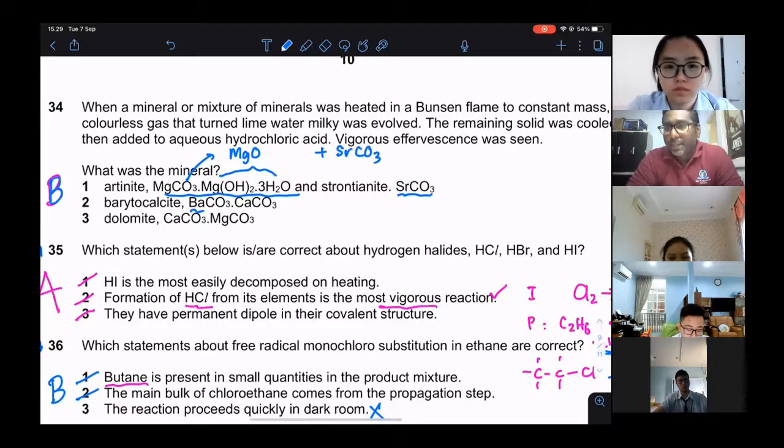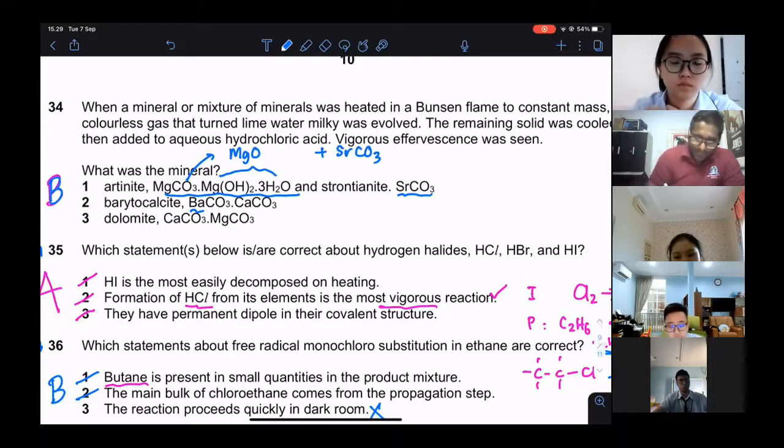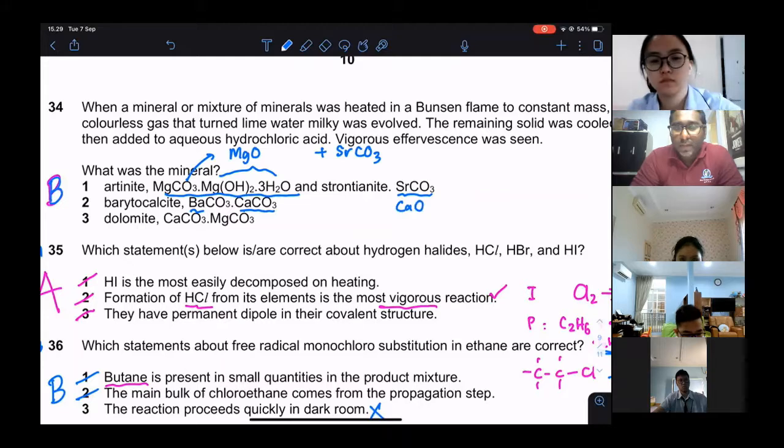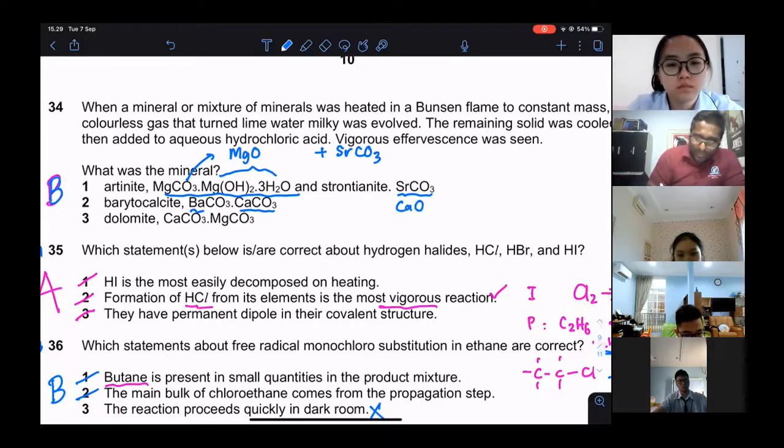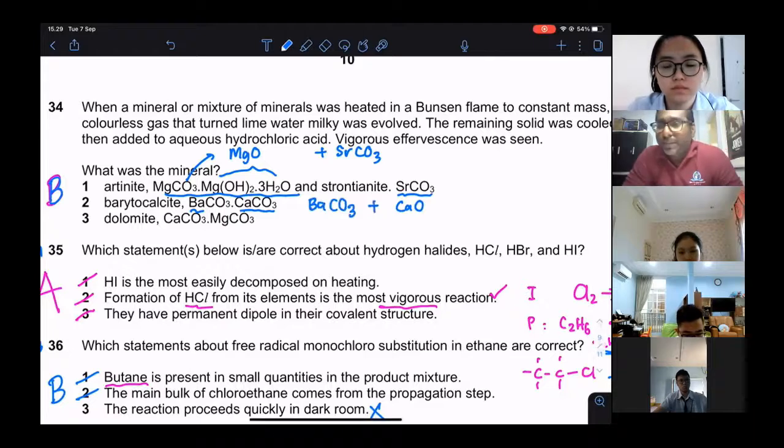Now here you can see calcium carbonate decomposes to give you carbon dioxide and calcium oxide. But barium carbonate doesn't decompose because it is difficult to decompose, so you keep it that way. And then carbon dioxide is given out also here.